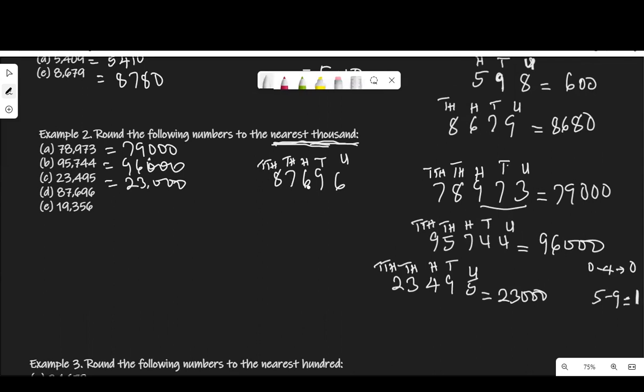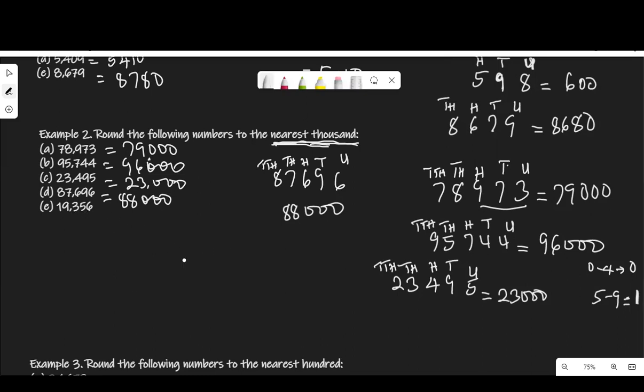The next digit to it is 6. 6 is in the range of 5 to 9, and any number between 5 to 9 round to 1. So we are going to round it up to 1 and add that 1 to 7, which is 8. So this number is 88,000.